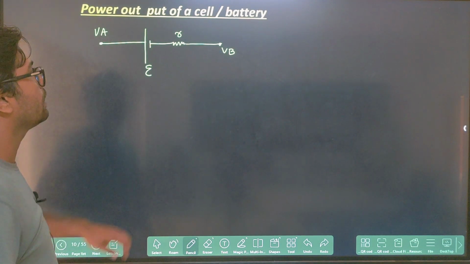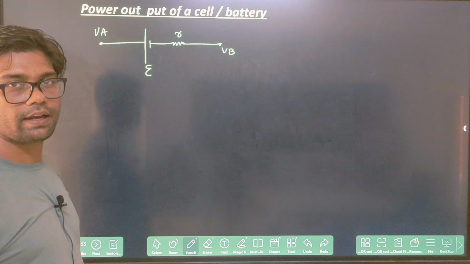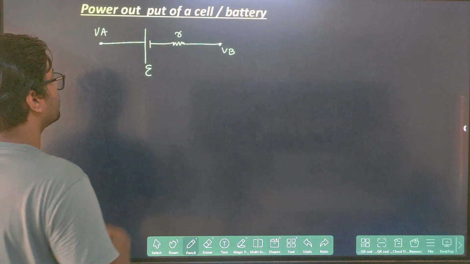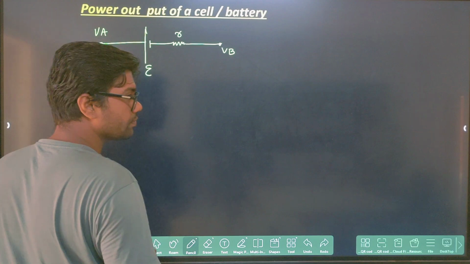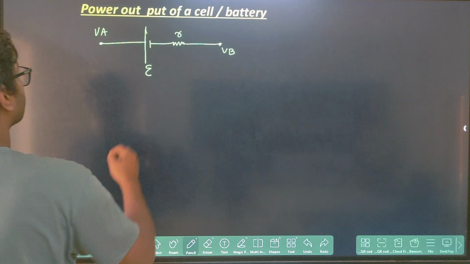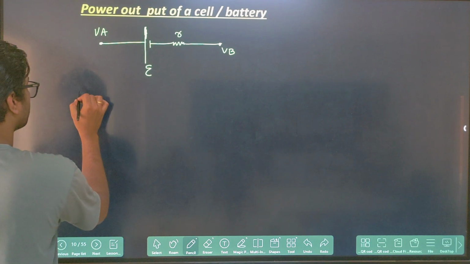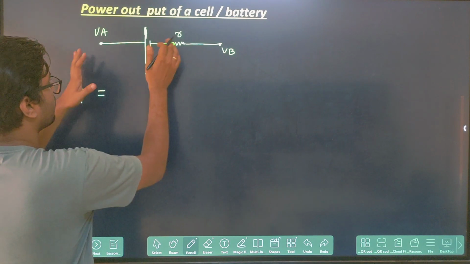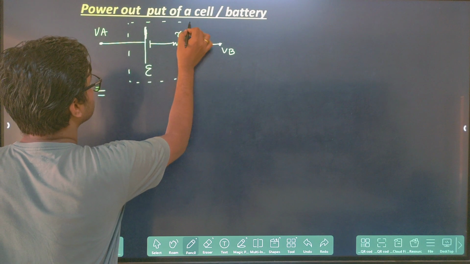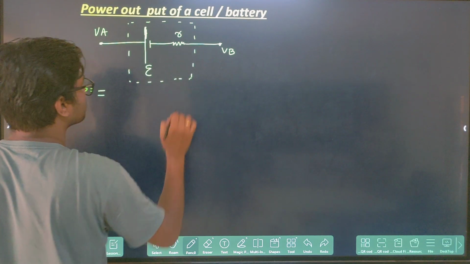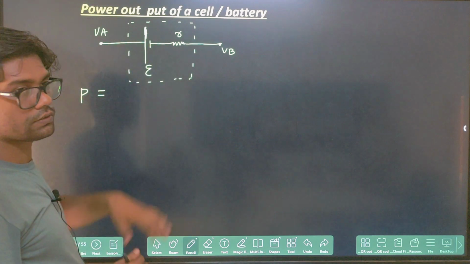So basically we are taking a practical cell, or you can say a real cell, where the internal resistance is present. Inside the cell there will be internal resistance and there will be an EMF. So this is one full cell.